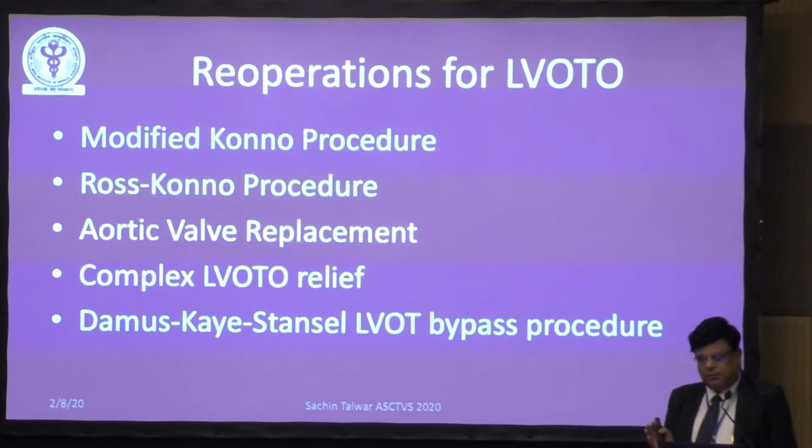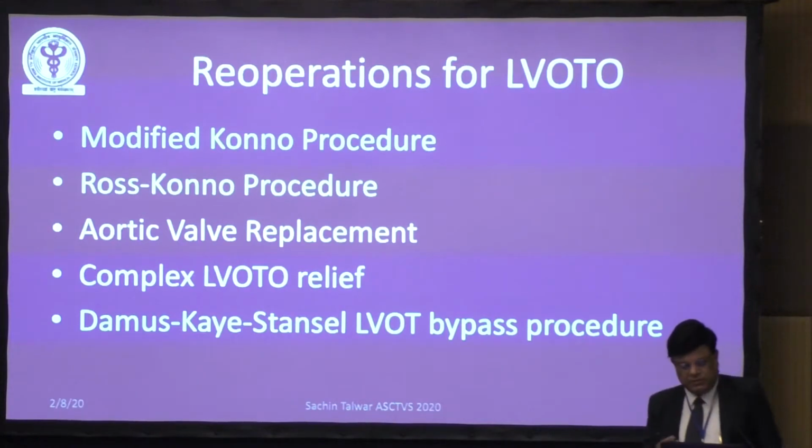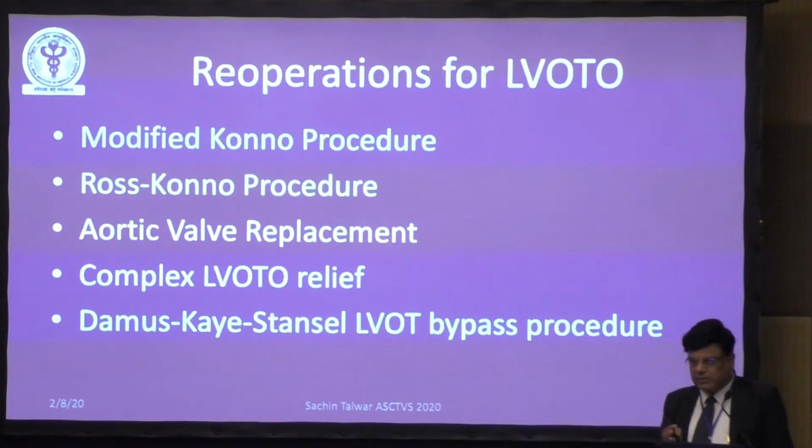And then the ways you can deal with the LVOT are to do a modified Konno procedure, do the Ross-Konno procedure, do an aortic valve replacement along with the Konno procedure, and then the complex relief procedures for the LVOT, and again go back to the Damus-Kaye-Stansel LVOT bypass procedures.